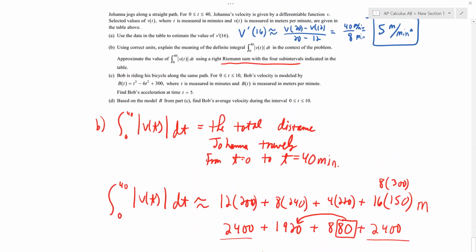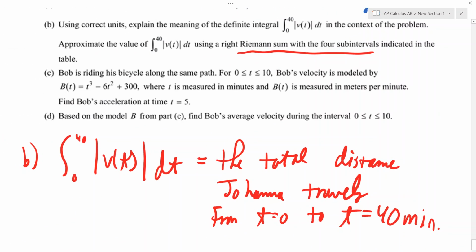Notice what's typical of these: after you do a Riemann sum or something, they're going to bring a function in and make you do similar stuff, but now I have to use a calculator or something like that, or by hand. So, Bob is now riding his bicycle. His velocity is modeled by a function, not a table of data, but a function. Find Bob's acceleration.